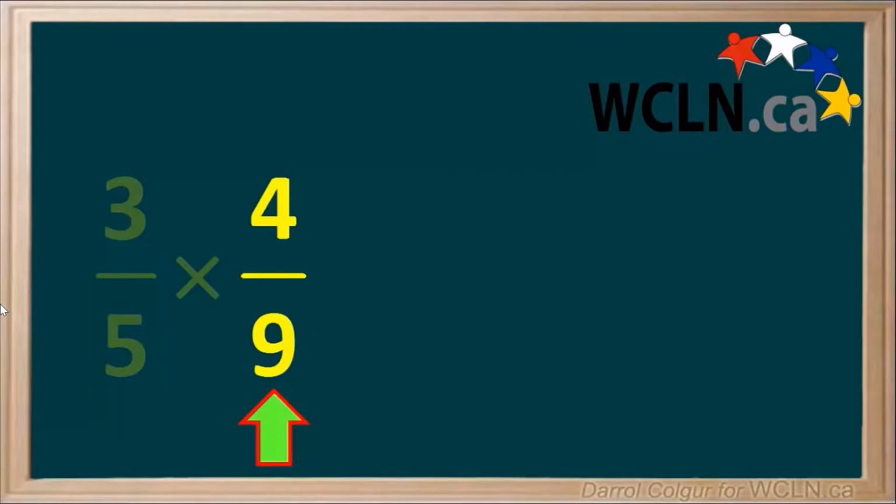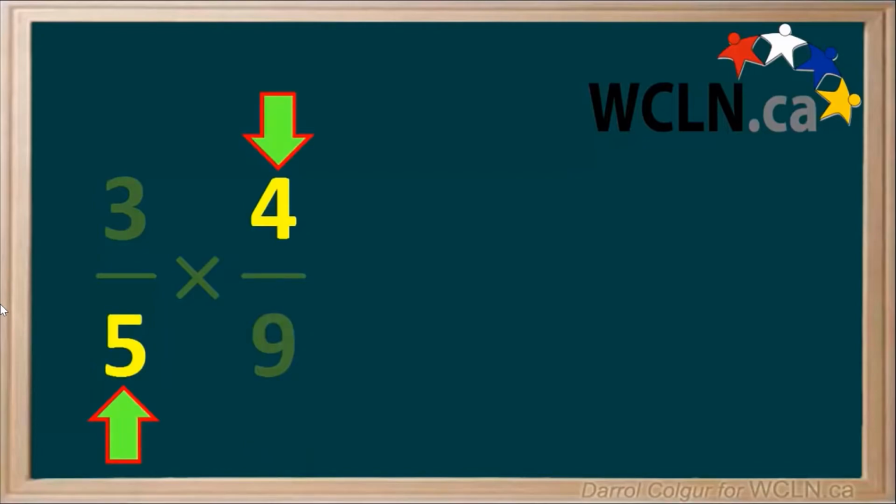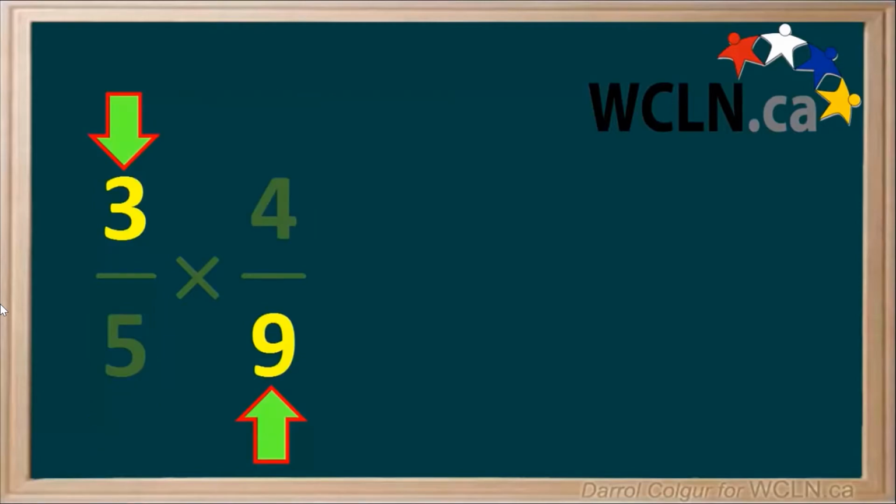But what about the diagonal numbers? One diagonal pair of numbers is the 4 and the 5. 4 and 5 cannot be divided by the same number other than 1, so nothing can be cancelled between those two. Now we'll consider the other diagonal pair of numbers, the 3 and the 9. Recall that 3 and 9 are both divisible by 3.